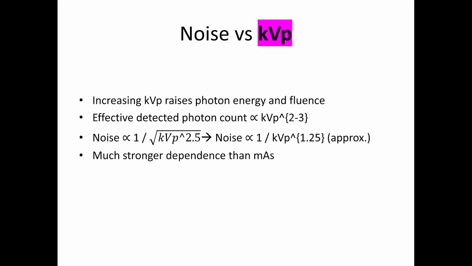Noise decreases roughly with kVp to the power of about 1.25. This is because the photon output is proportional to kVp to the power of 2 to 3. So even a small increase in kVp can noticeably reduce noise, more than the same percentage increase in mAs.